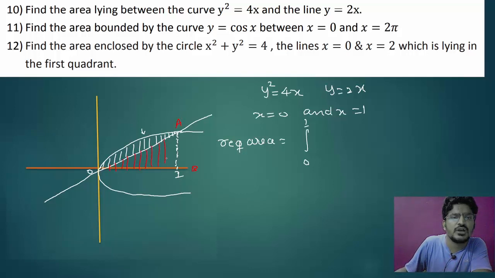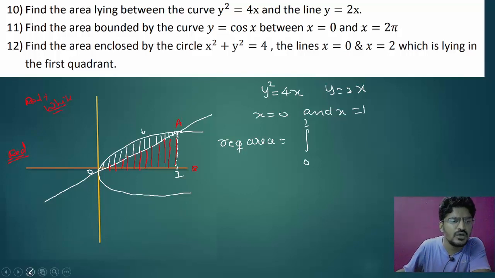This complete area, both red plus white, you get if you calculate the area under the parabola. Now what we have to do is subtract the area under the line, which is with red, to get the required area.